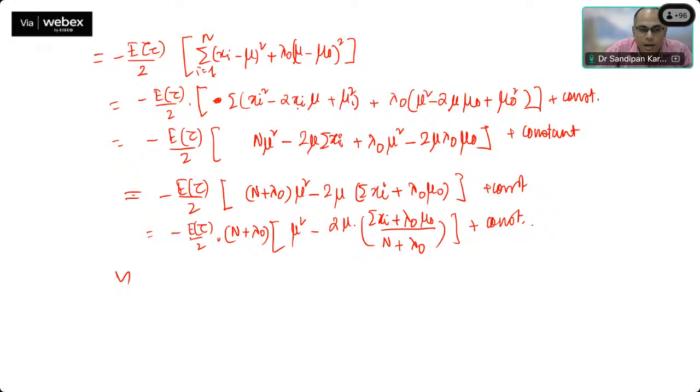Along with this you are having minus E of tau by 2, so in this way it will be coming in the variance.